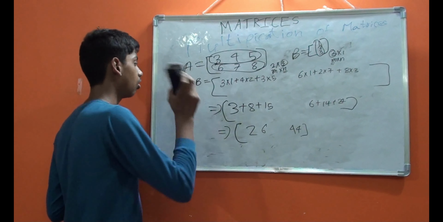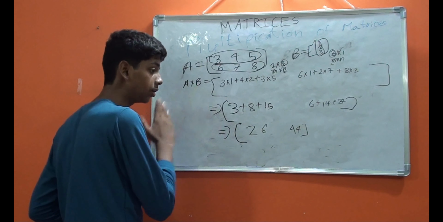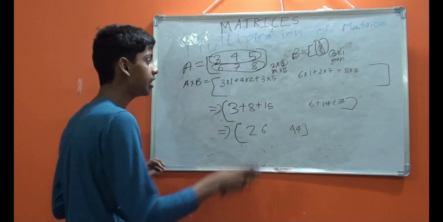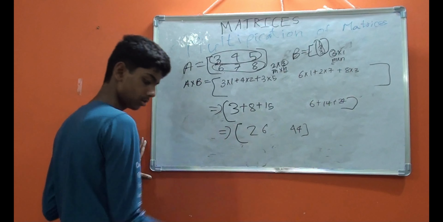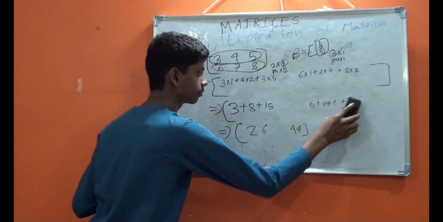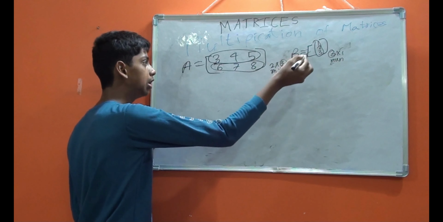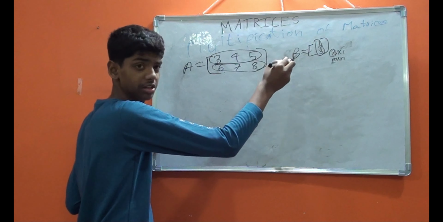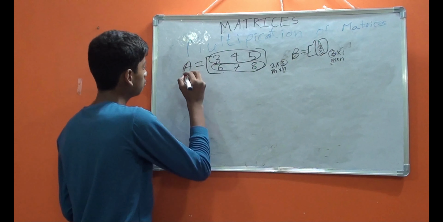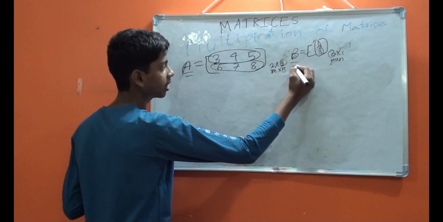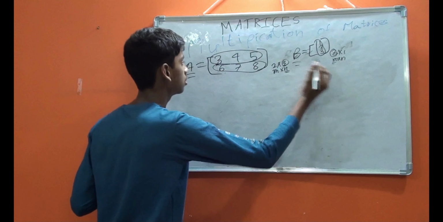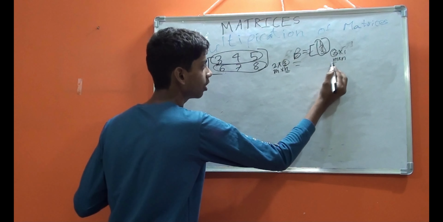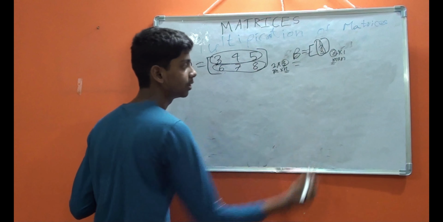So now let's see what B into A is. By the way, we cannot multiply B with A, but we can multiply A with B. Now let's see why. So when we multiply A with matrix B, here we have the same number of rows of A and the same number of columns of B. But now let's take this.